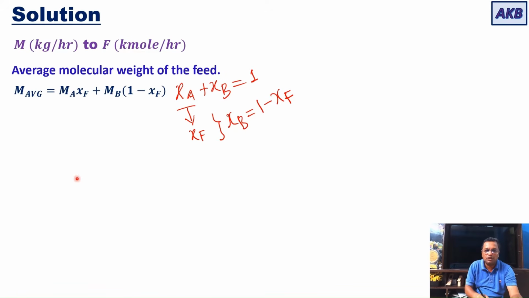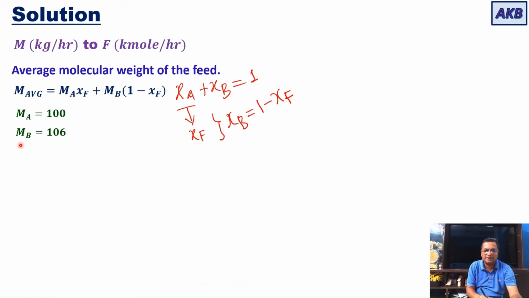So, M average is equal to the molecular weight of A into the mole fraction of A plus the molecular weight of B into the mole fraction of B. So, M average is equal to Ma into Xf plus Mb into 1 minus Xf. The molecular weight of A is 100.